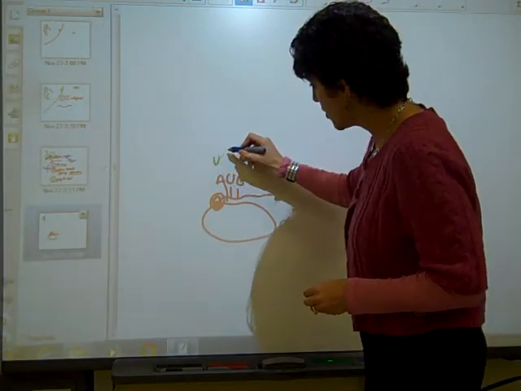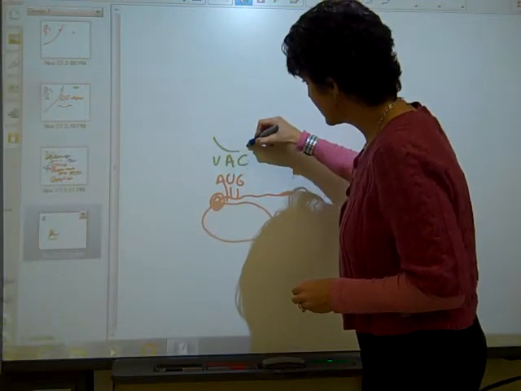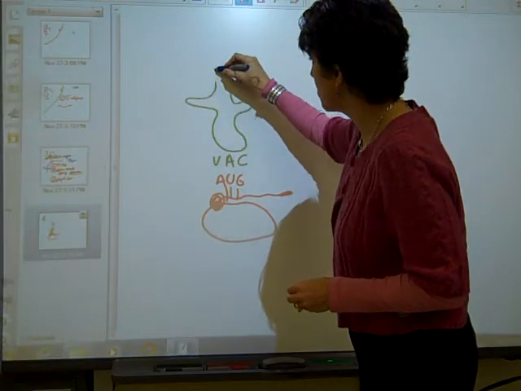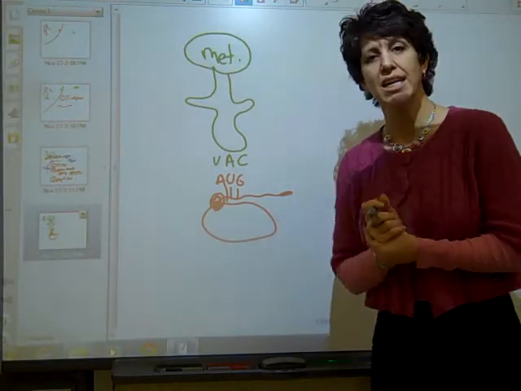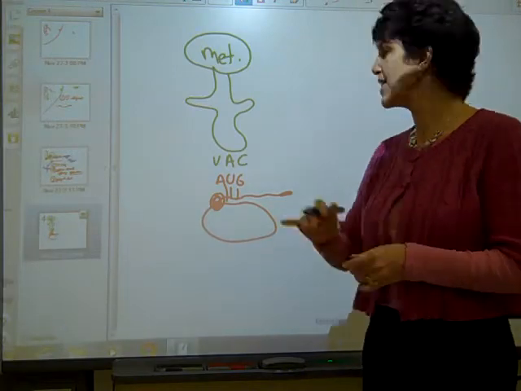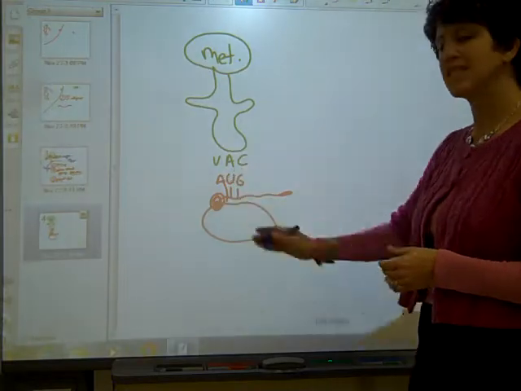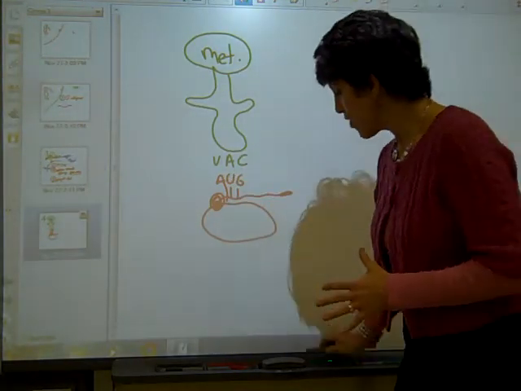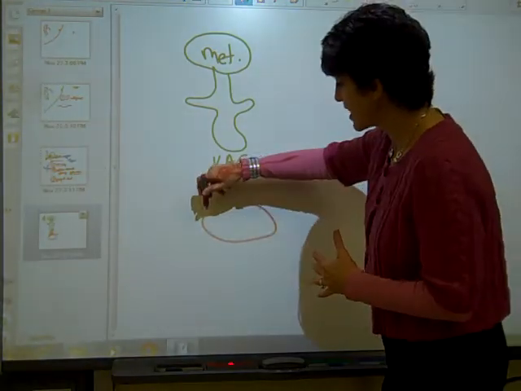So that would be U, A, C. And this is attached, remember it has sort of that funky clover leaf shape, and it carries with it methionine. Methionine is the amino acid that is specific to this transfer RNA molecule, and that comes into this first place. As soon as that comes in, the larger subunit of the ribosome fits together.